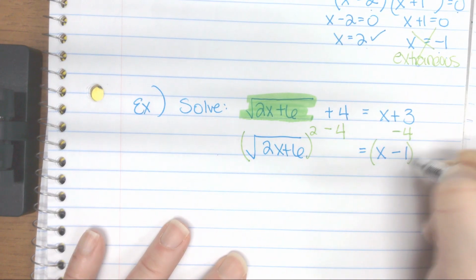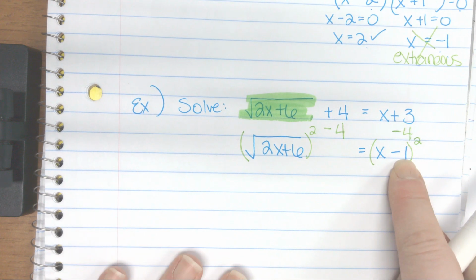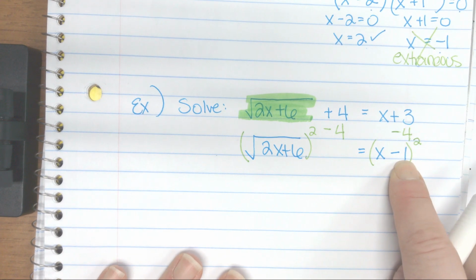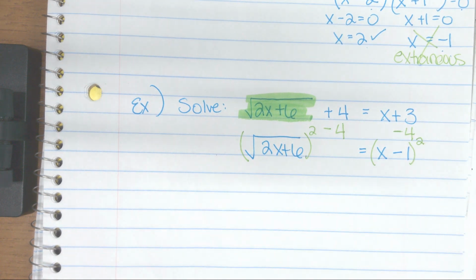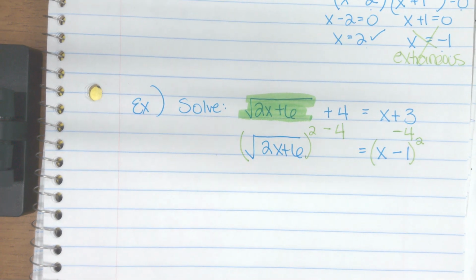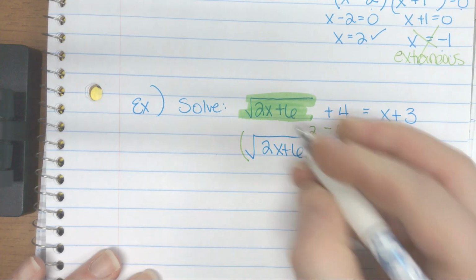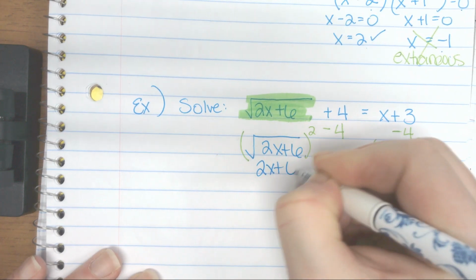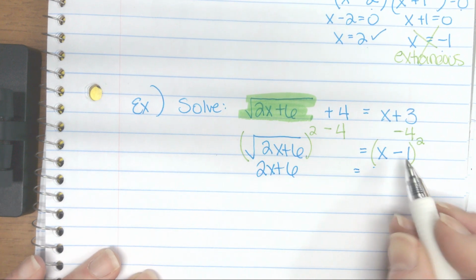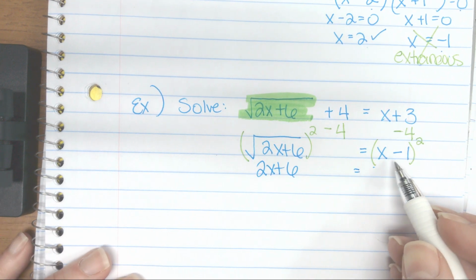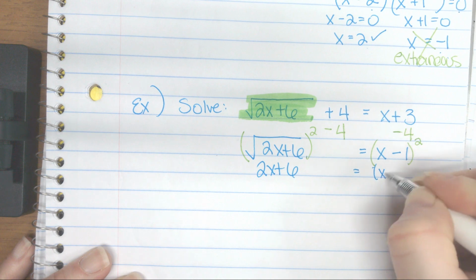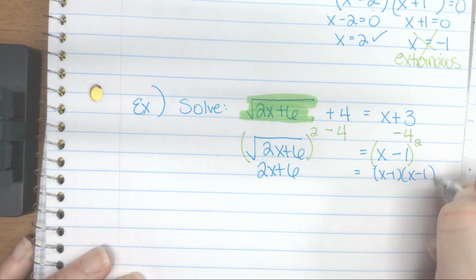Do not make a silly pre-algebra mistake here, okay? We'll talk about that in a second. Here's the easy one. Squaring this means what happens to the square root? It's just 2x plus 6. Squaring this is not x squared minus 1. That's not what that means. This means x minus 1 times x minus 1. Okay, so we're going to have to multiply that out.